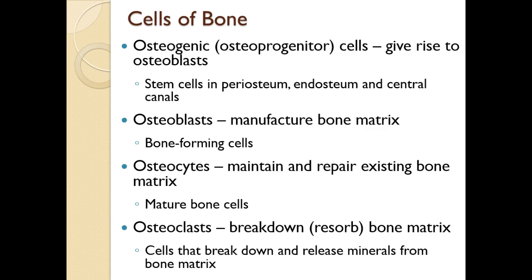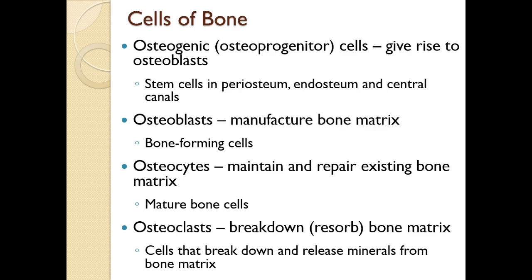So bone, being a tissue, is going to have cells. These are the cells, but the material outside of the cells has to be manufactured, and it is manufactured by bone. Okay? So that is why osteoblasts are called bone-forming cells. They form the matrix, which makes up the predominant part of our bones.